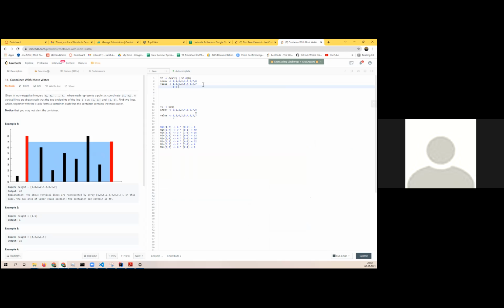What I was thinking is we have 1 and 8, so we check consecutive elements, 1 and 8. The minimum would be 1, because a container cannot retain the maximum height of water if one side is lower. So we take the minimum, and we have the maximum as one more variable, initially 0.